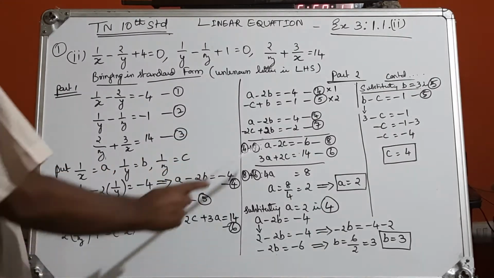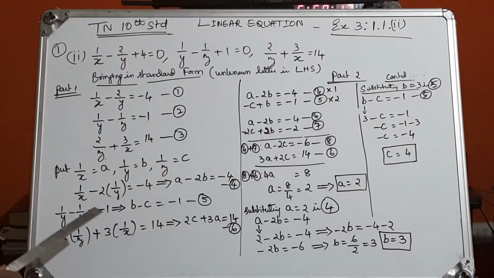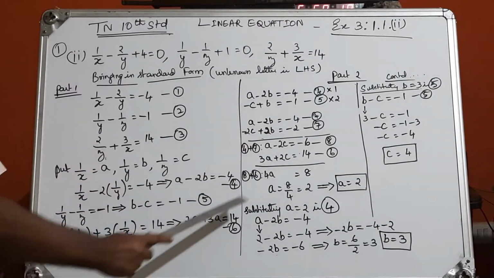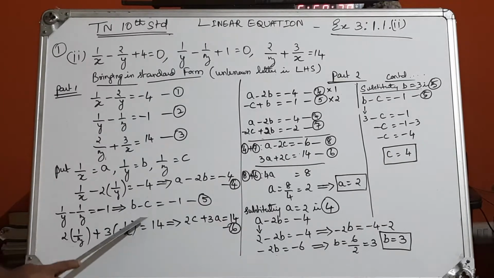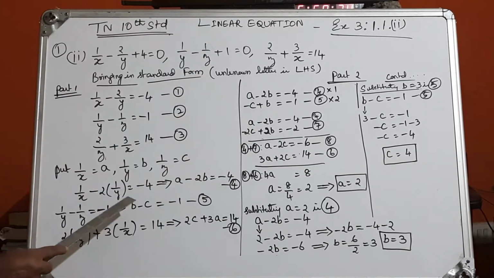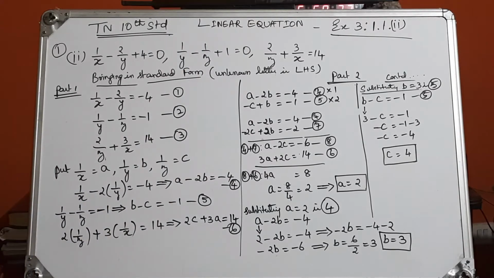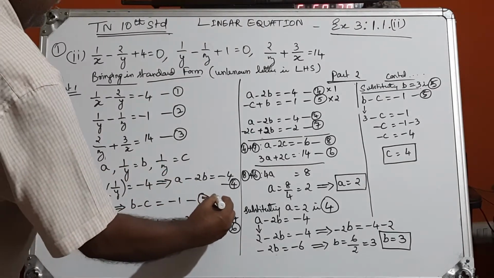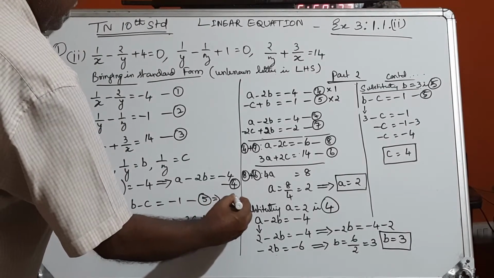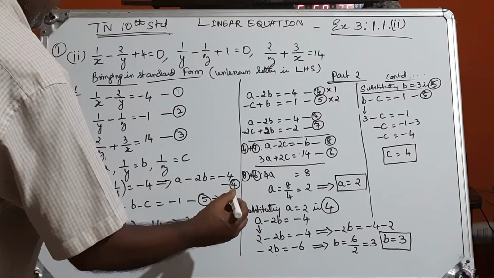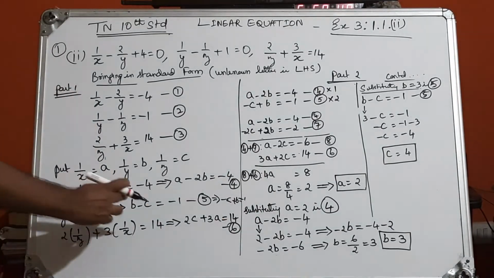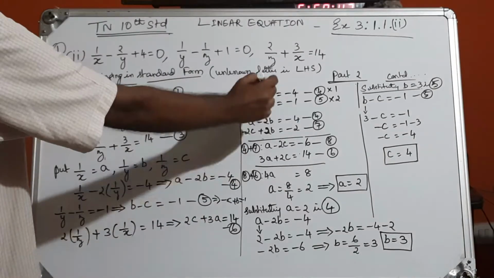So what you do is write 4 and 5 first. 4 is a minus 2b equal to minus 4, and 5 is b minus c, but write it as minus c plus b equal to minus 1, so you can join with b and b.